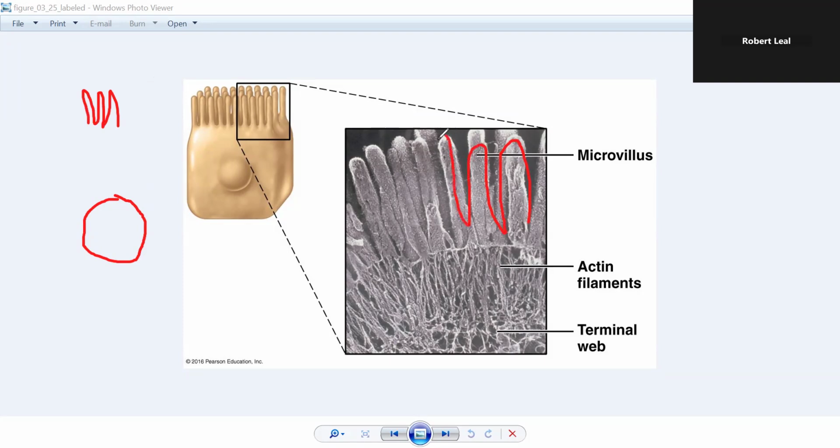And when you increase the amount of surface, it makes the cell better at absorption. So think of a napkin. The more surface the napkin has, the better it's going to absorb. So where do you see microvilli? Well, we're going to see microvilli where we do most absorption of our nutrients. So that would be in the small intestine. Most digestion and absorption occurs in the small intestine.